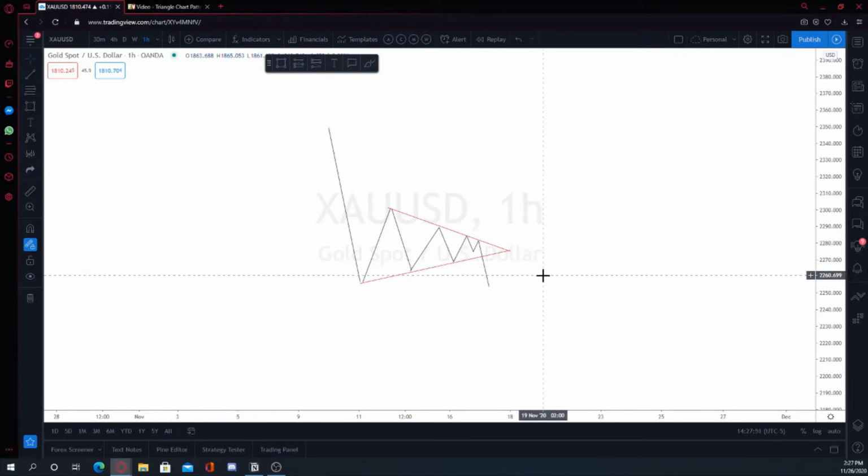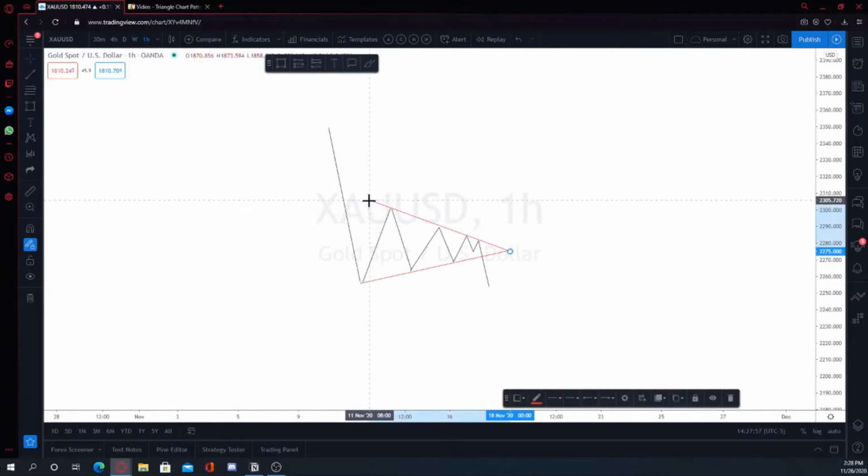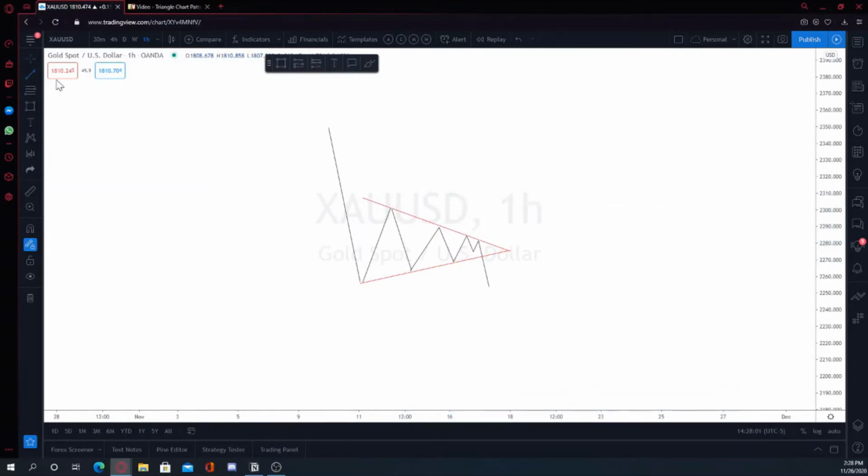Now it all comes to a focal point. You start with this wide base, where the lines start relatively far apart. It's the base of a triangle. Then it comes to a focal point, which is called the apex. This portion right here where these connect is called the apex.